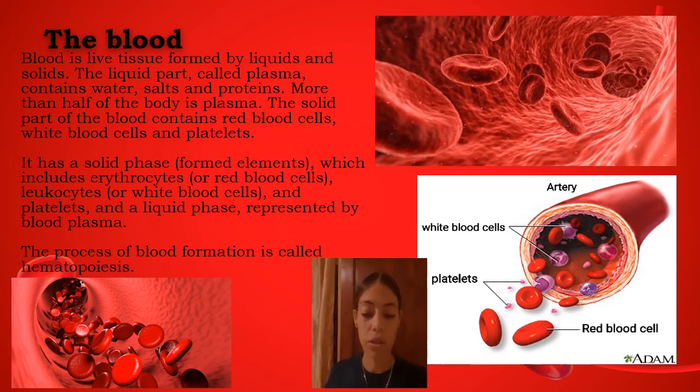It has a solid phase for the formed elements, which includes erythrocytes or red blood cells, leukocytes or white blood cells, and platelets, and a liquid phase representing the blood plasma. The process of blood formation is called hematopoiesis.